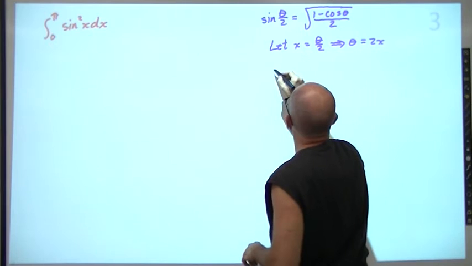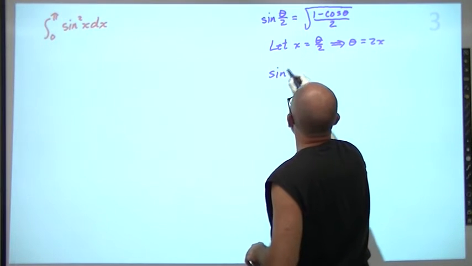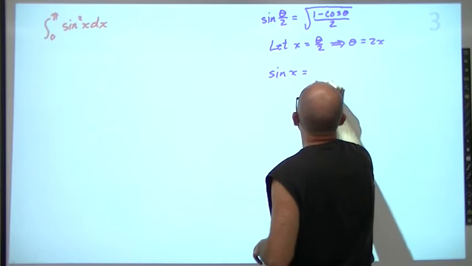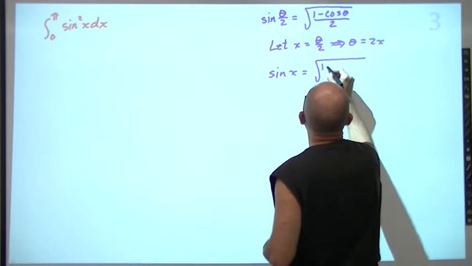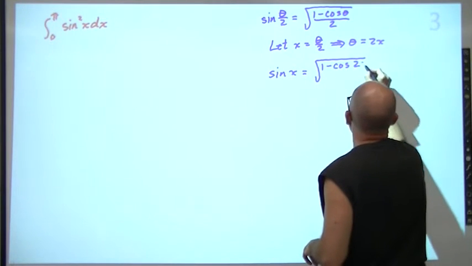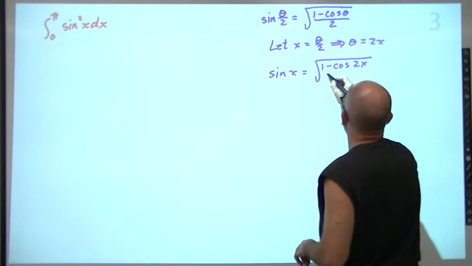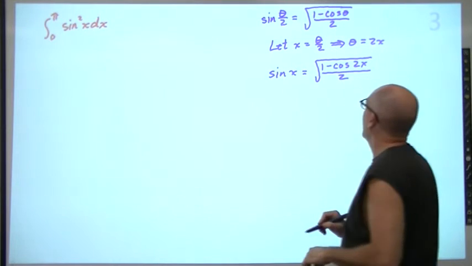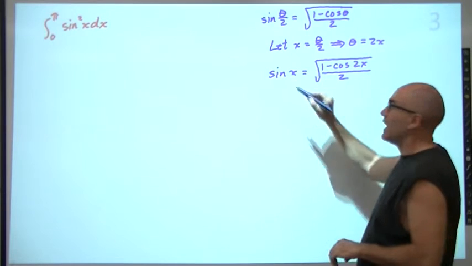Okay, so now I'm going to plug this in. So I have sine of theta over 2, which becomes sine of x, equals the square root of 1 minus cosine theta, well, that's cosine 2x, all over 2. Now, I square both sides.